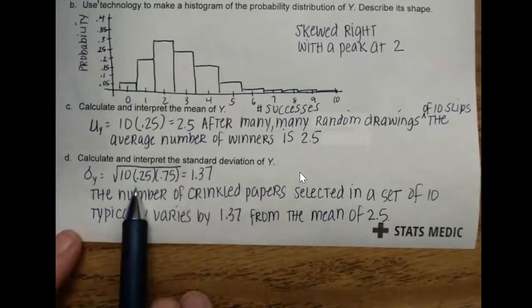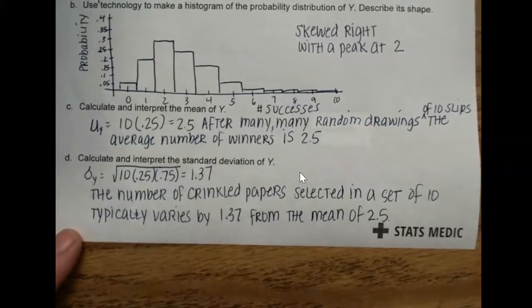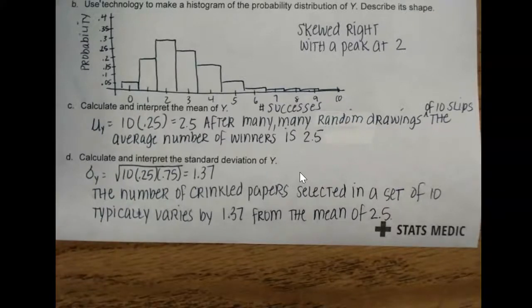And then for our standard deviation, square root of n times p times 1 minus p, I got 1.37. So the number of crinkled papers selected in a set of 10 typically varies by 1.37 from the mean of 2.5. So I included the out of up here. I didn't put it at the end here. It just felt like it would flow a little bit better up there.